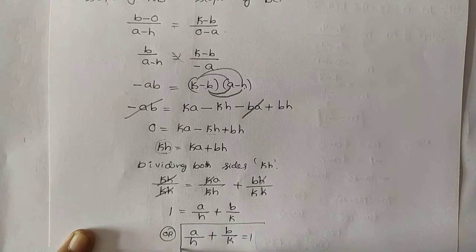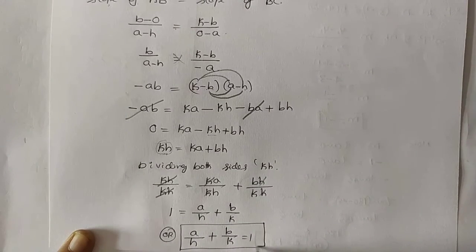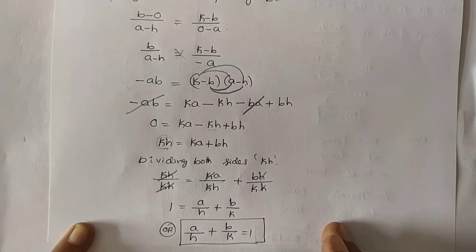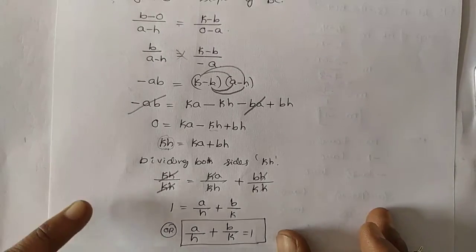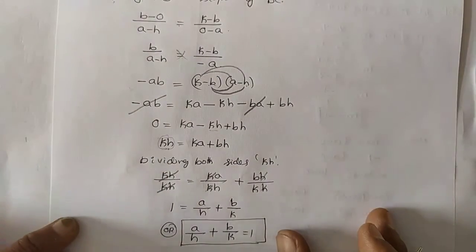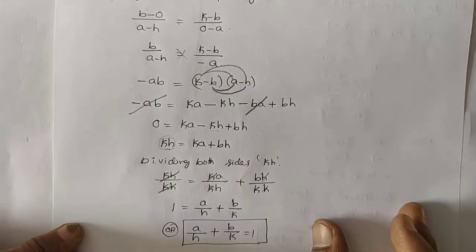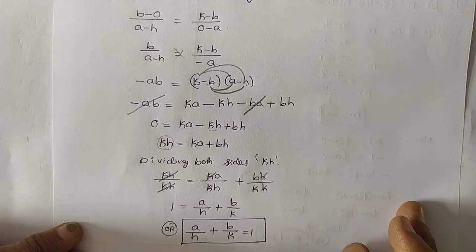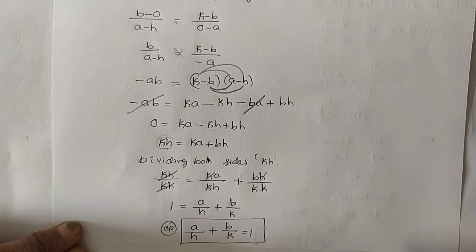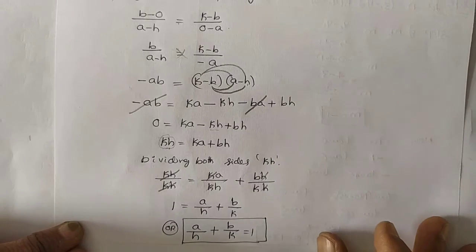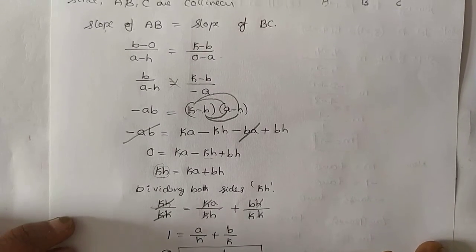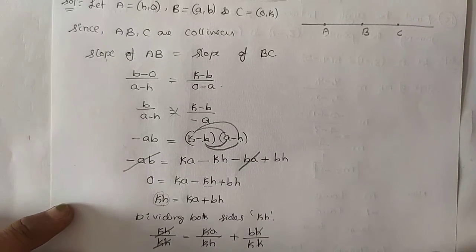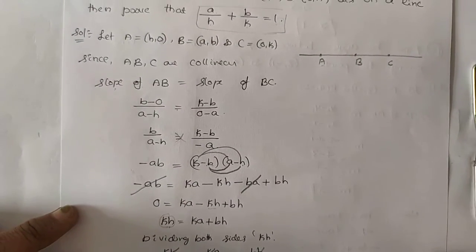Hence proved. Do you understand? I just did the simplification part. I applied the collinear point condition, and based on that we found the simplification. That's it. If you want, you can take a screenshot of this question, or note it down.